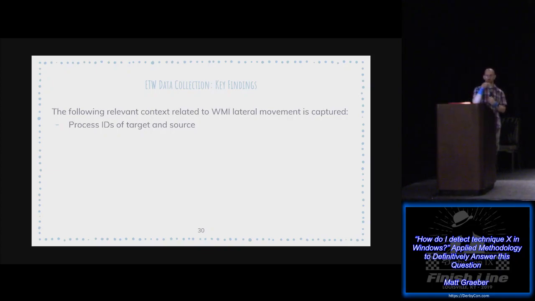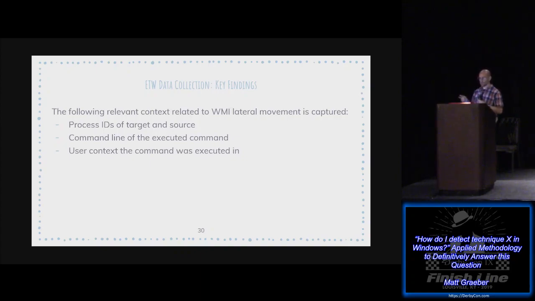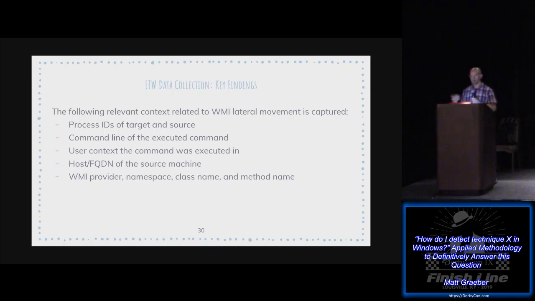And what's amazing, in my opinion, for these events were the following key findings. Notepad.exe was started, with a corresponding process ID. But we also get the process ID of the source process, right? So we get the process ID from the attacker machine as well. There's some solid SOC and IR context right there. We get the command line of what was executed. We get the user context the command was executed in.